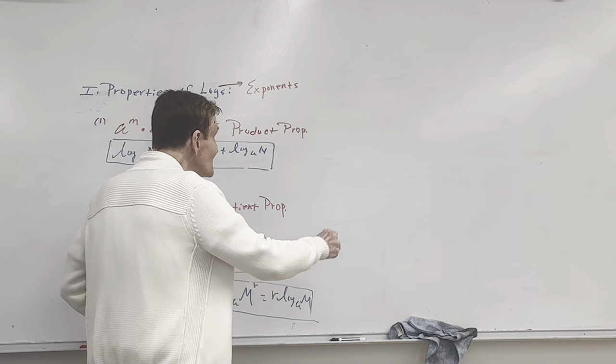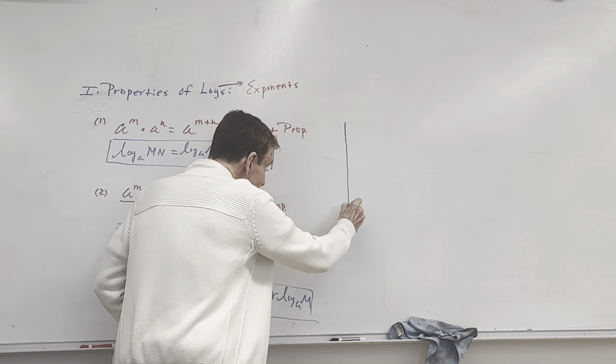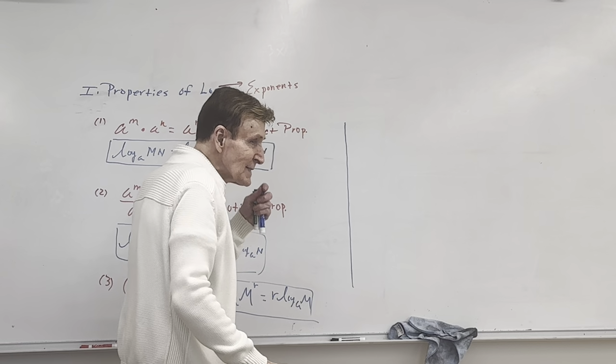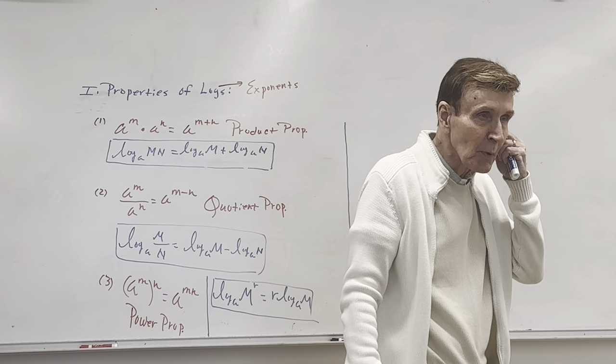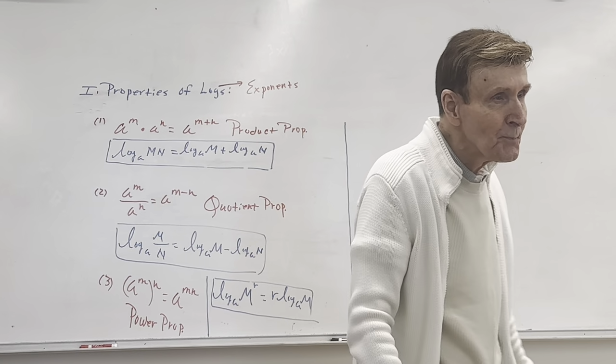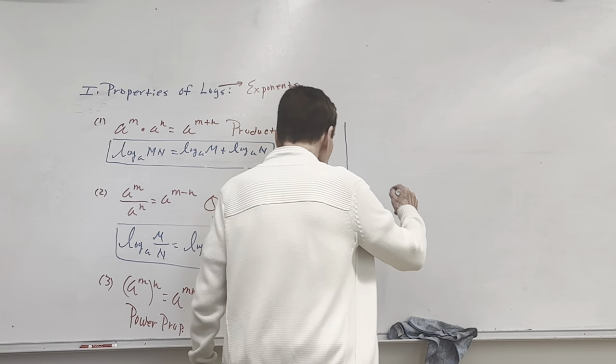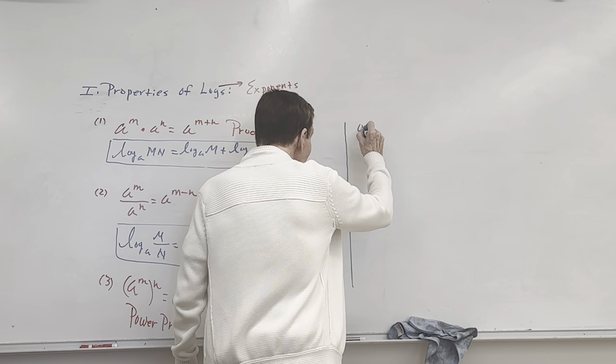On the side. Shane, you're doing a great job for me. Tell the class, read from there, what we're supposed to do now with the help of those properties. Use properties to rewrite the expressions. Okay, rewrite, and what did I have?